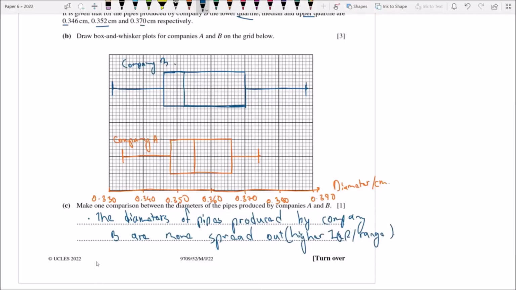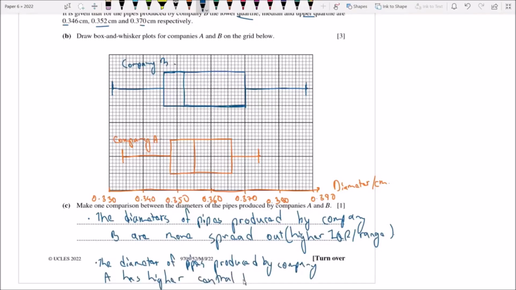Or you could say that the diameter of pipes produced by company A has a higher central tendency, due to a higher median.